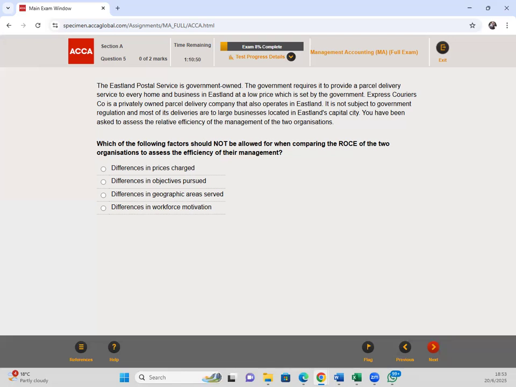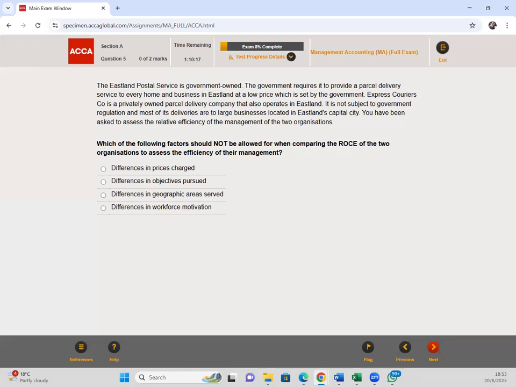Now that one is a tricky one. Motivation should not be affected by whether it is private or public. A manager can't say, I failed to motivate my employees because I'm not a private company, I'm a government-owned entity. Every manager has the duty to ensure the workers are motivated, be it private-owned or public-owned.